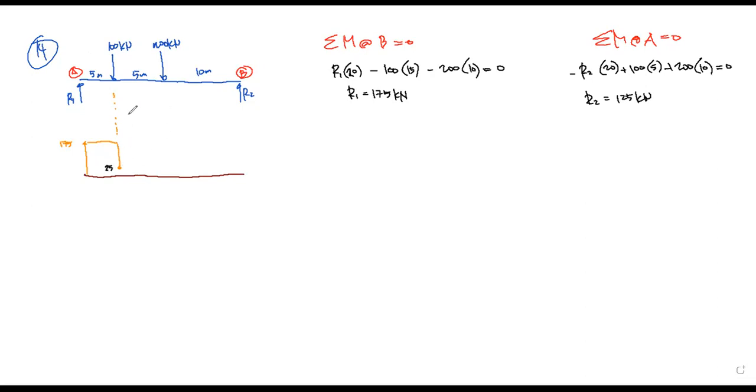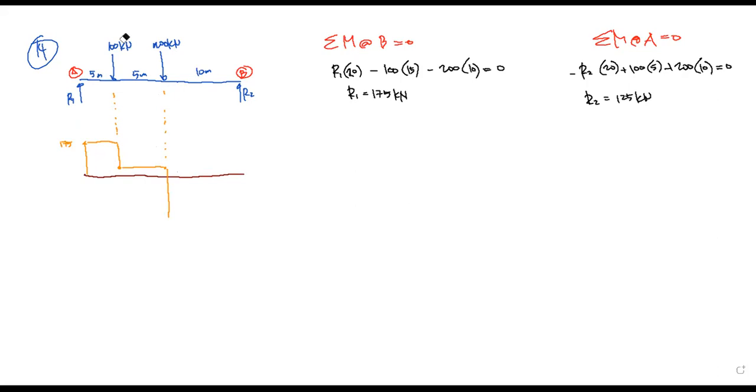And then, okay, so no forces in between, so you go straight until the next. Then you go downward again with 200 kilonewton. Oh, sorry, we have here 75. Okay, sorry, this is 75.